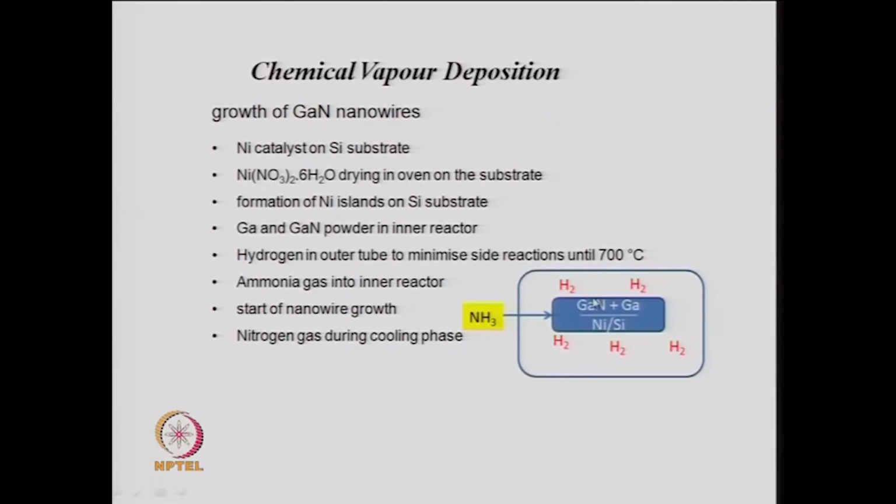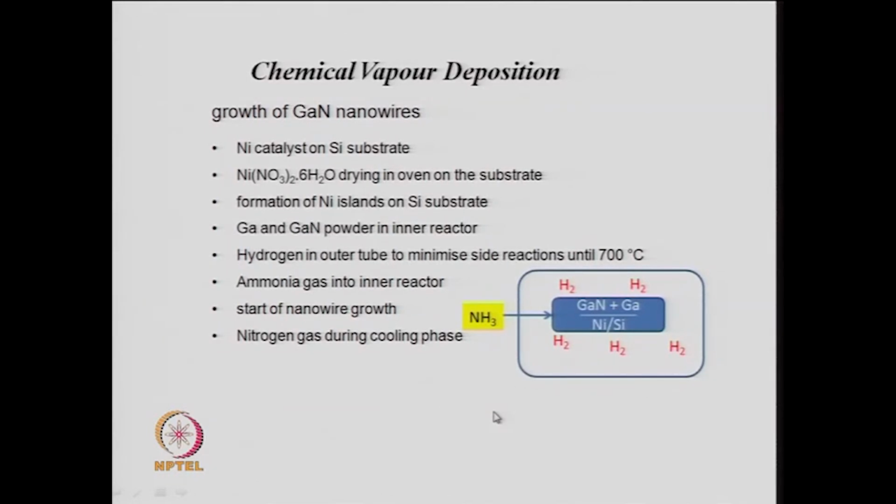And then once the nanowires have grown, the hydrogen is flushed out. The ammonia is passed only in the inner vessel, and the hydrogen flows in and out. So, it is not a closed chamber where hydrogen is stored, but hydrogen is flowing around that chamber and out.